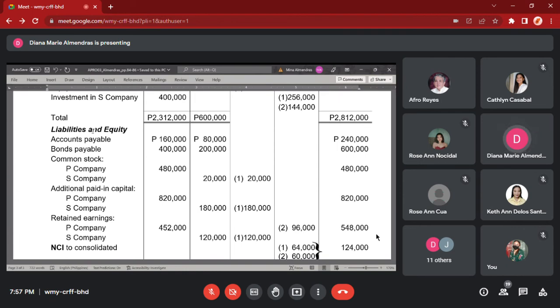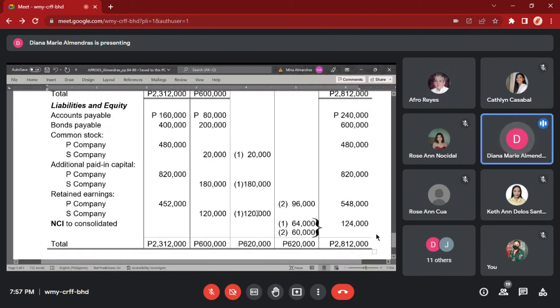Retained earnings of P Company 452,000, adjustment increase of 96,000. The consolidated is 548,000. Retained earnings of S Company is 120,000, elimination decrease of 120,000. Kung mapapansin niyo, shareholders equity lang ni P Company ang kasama sa consolidated kasi eliminated na yung kay S Company.